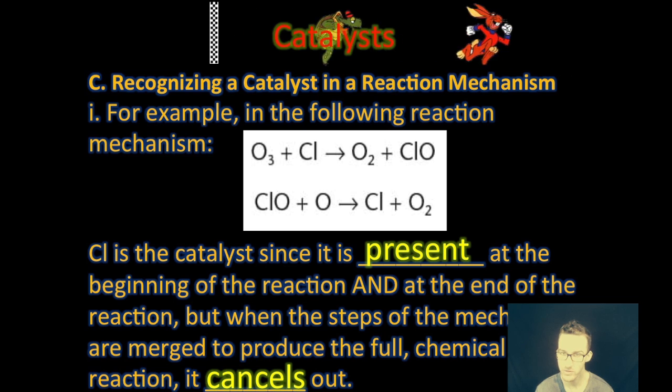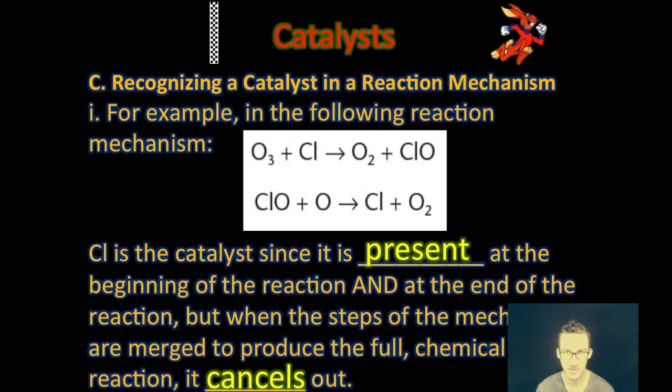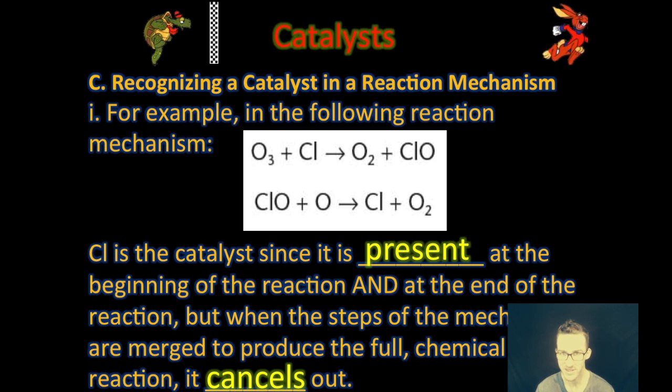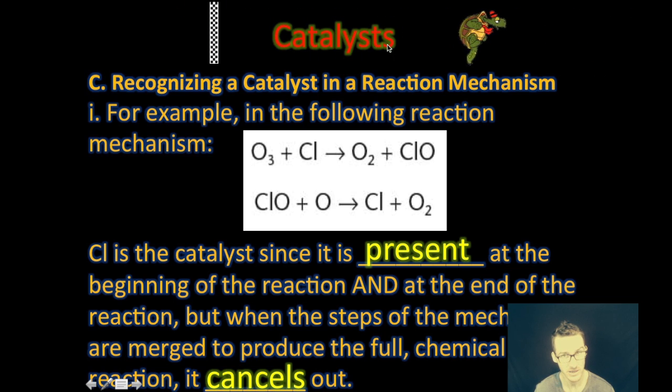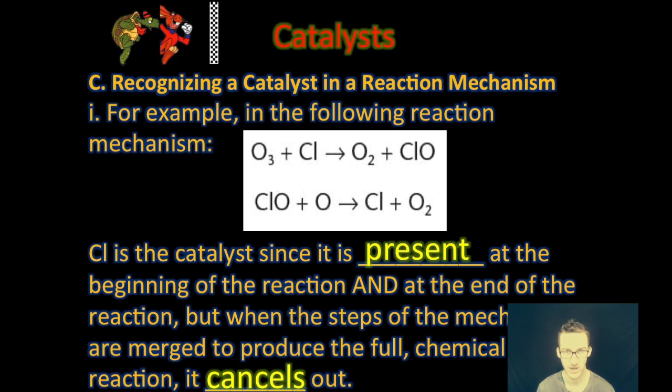Don't confuse your catalysts with your intermediates. The intermediate in this reaction is the ClO. Note that it is a product in that first elementary step and a reactant in that second elementary step. A common error that is made is the confusion between catalysts and intermediates.